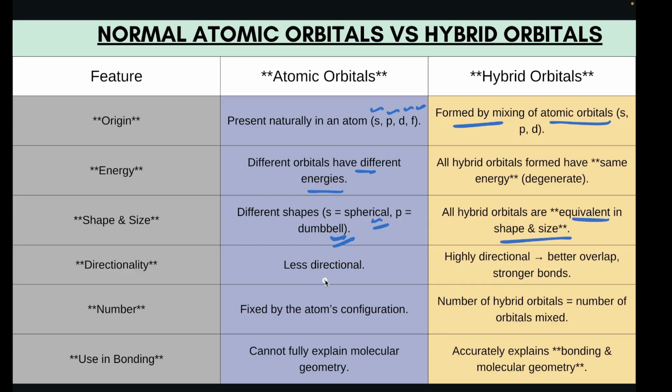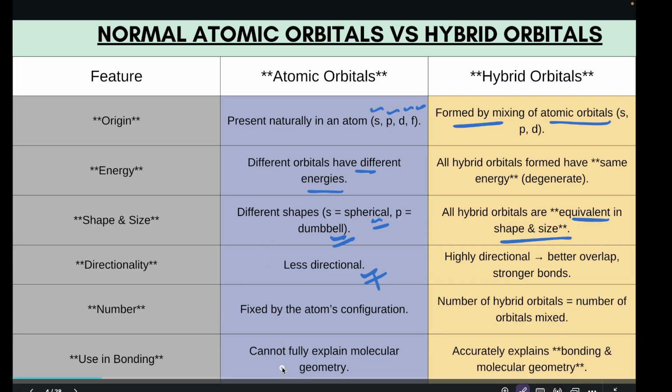Atomic orbitals are less directional, but hybrid orbitals are highly directional because they overlap better and form strong bonds. Atomic orbitals are fixed by the atom's configuration, but the number of hybrid orbitals is equal to the number of orbitals mixed.